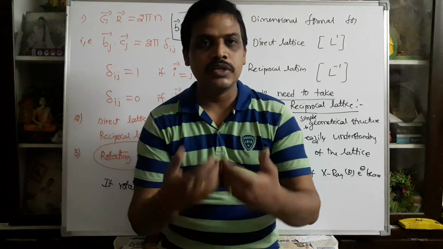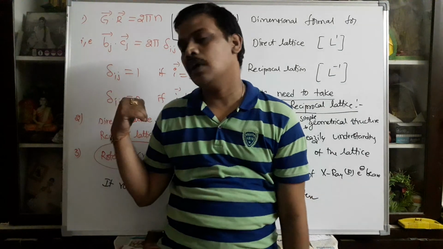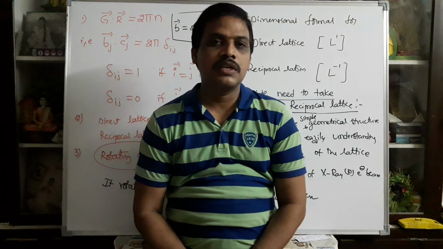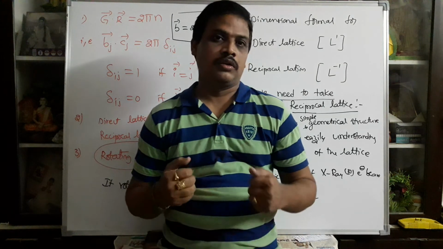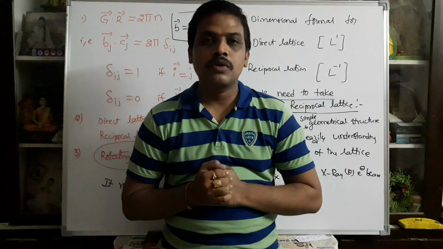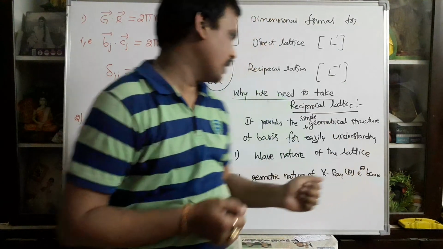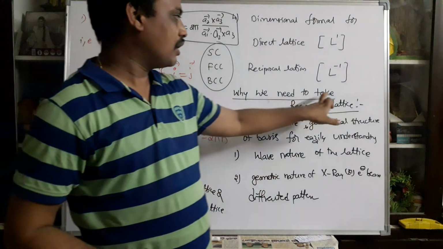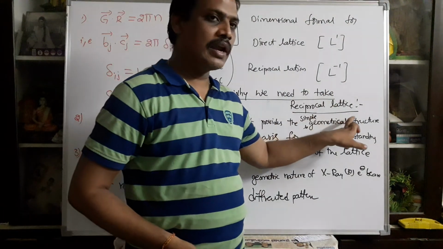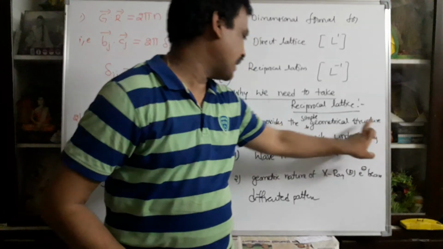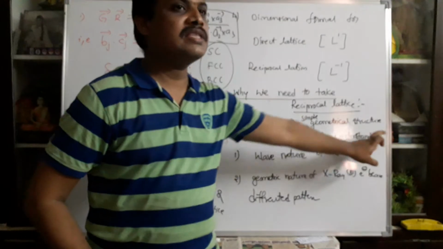Why are we introducing the reciprocal lattice? This is the main concept of the reciprocal lattice in crystals, especially in our subject, solid state physics. What is the main importance? Why do we need to take the reciprocal lattice? The reciprocal lattice gives a simple geometrical structure of the basis for easy understanding.